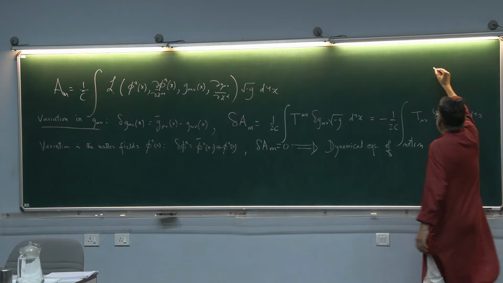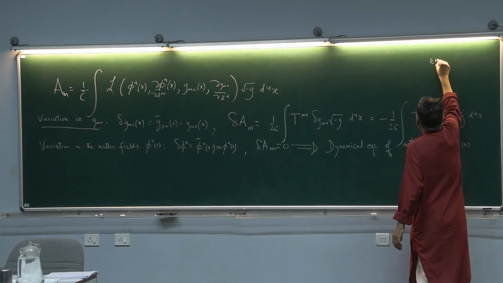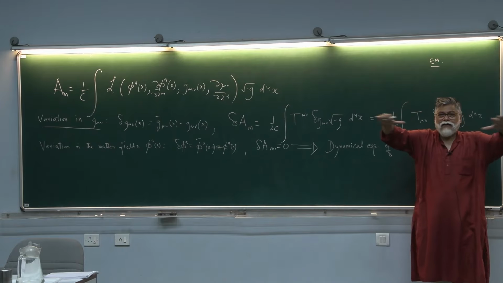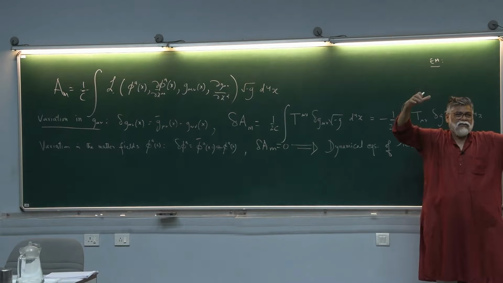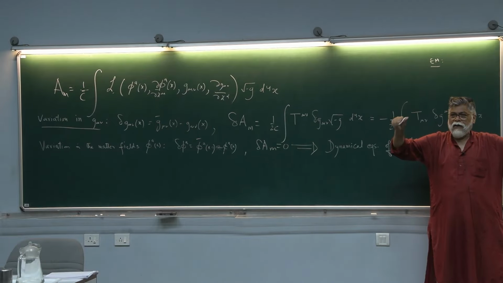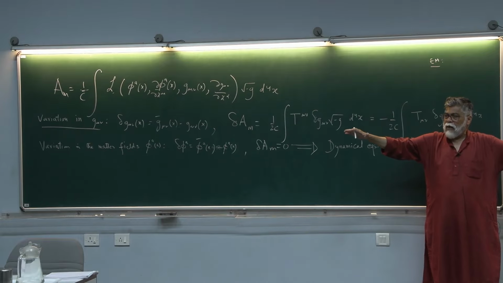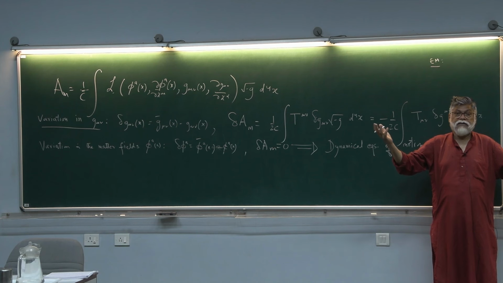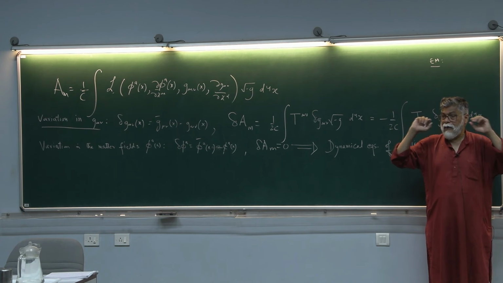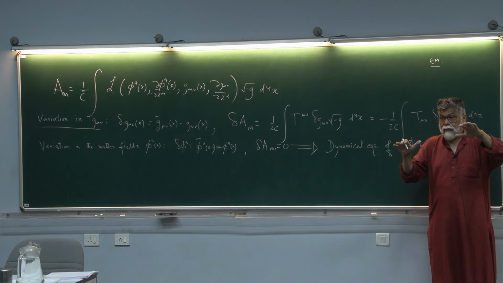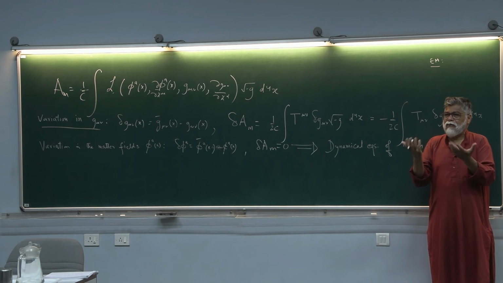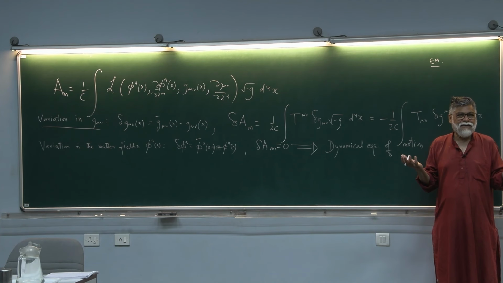So in EM theory, you have a Lagrangian density for the free electromagnetic field, which is minus 1 over 4 pi F mu nu F mu nu. You have a Lagrangian density for the charge field. For a complex charge field, it will be half g mu nu partial mu phi star partial nu phi, etc. But the coupling between the electromagnetic field and the charge field comes out if you demand gauge invariance.